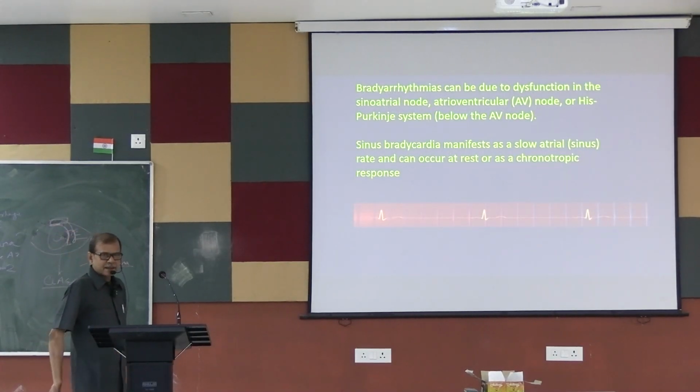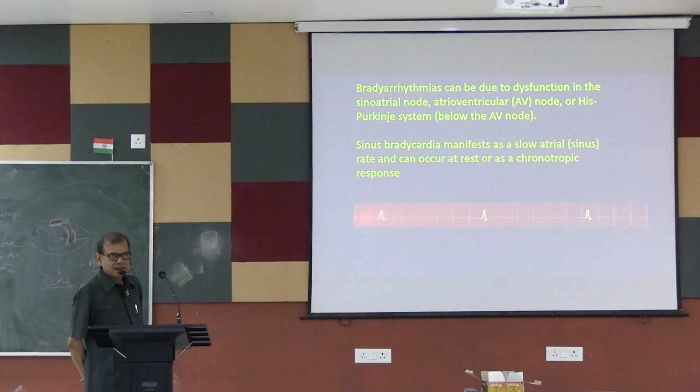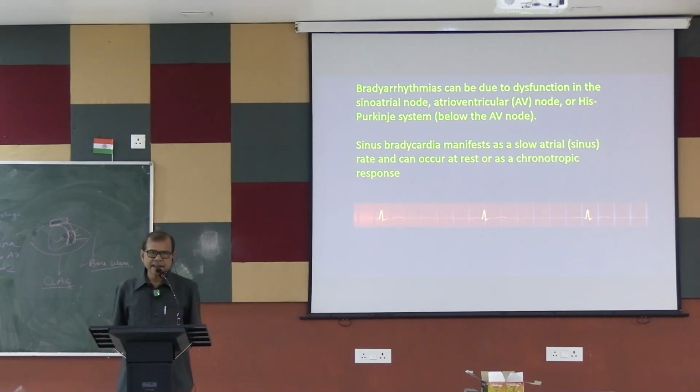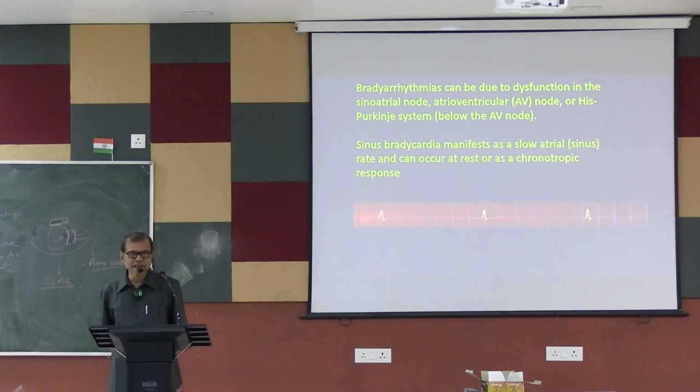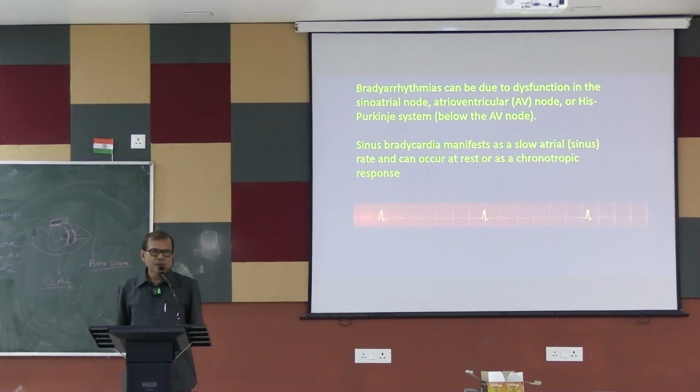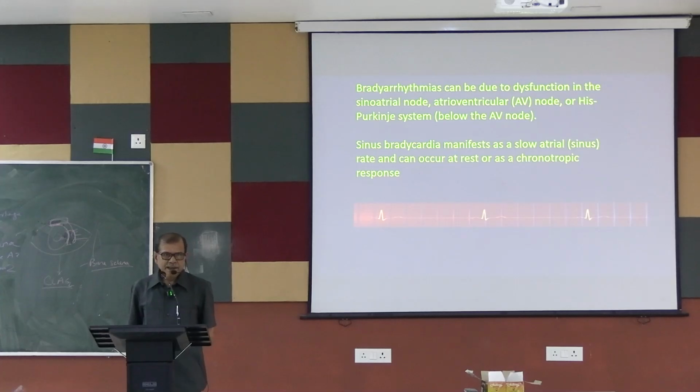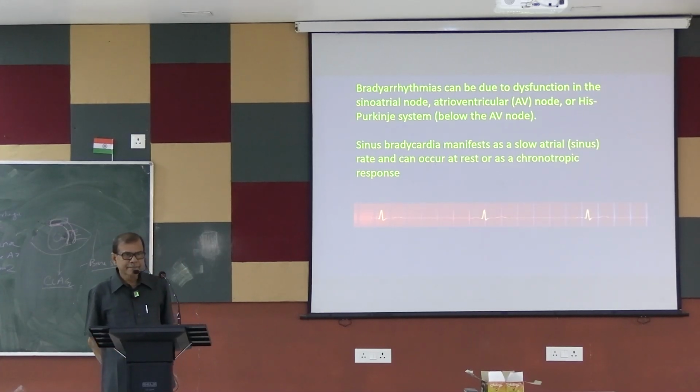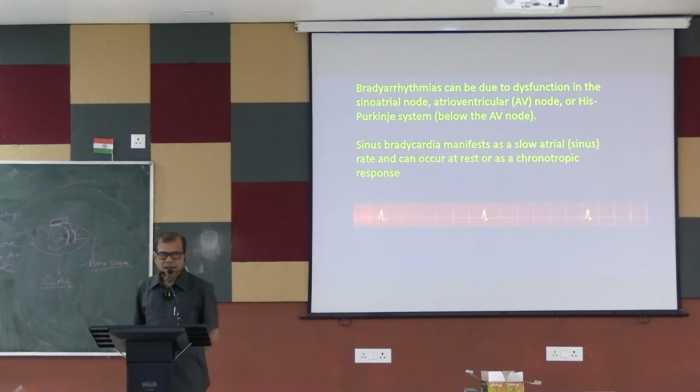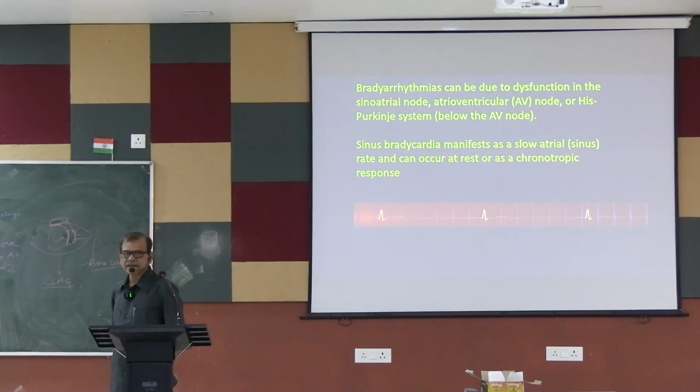Now today's arrhythmia is bradyarrhythmia. Before that, I should mention the pathophysiologic basis or pathogenesis of arrhythmia. Number 1, alteration in automaticity or enhanced automaticity. Number 2, triggered activity. Number 3, re-entry phenomenon.